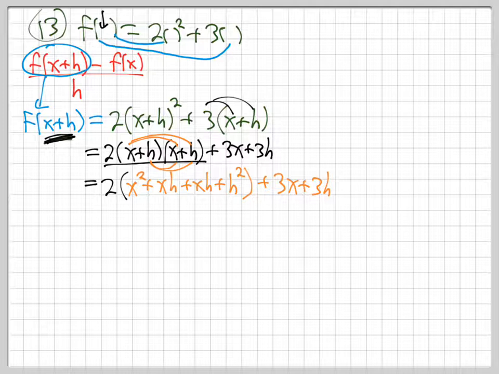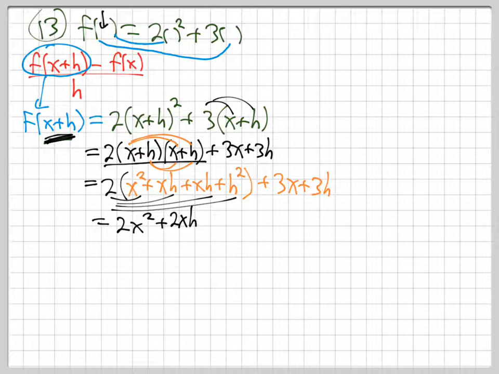And then go ahead and let the 2 distribute. This 2 is going to go boom, boom, boom, boom. And so we get 2x squared plus 2xh plus 2xh plus 2h squared plus 3x plus 3h.